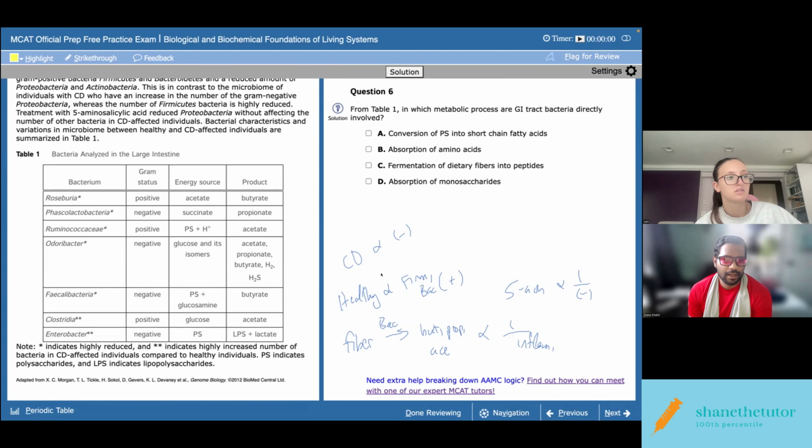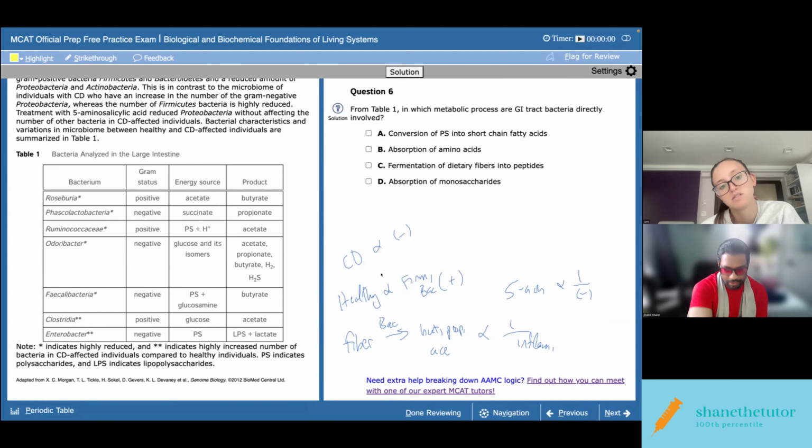Then we have glucose and its isomers giving acetate, propionate, butyrate. But we also have some stuff like H2 gas and hydrogen sulfide, which they didn't really list as some type of product in the passage. And then we have PS plus glucosamine giving you butyrate, glucose, acetate, PS lipopolysaccharide, and lactate.